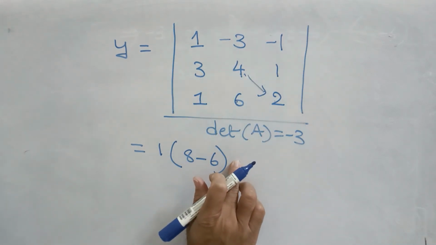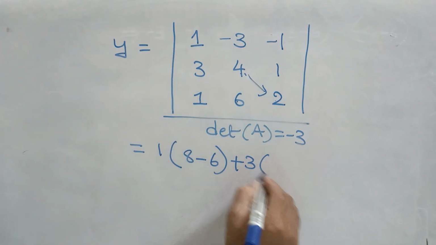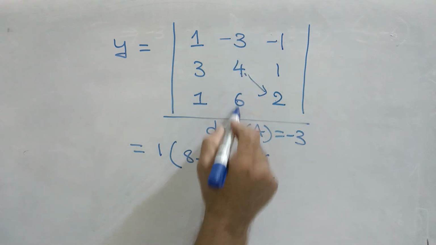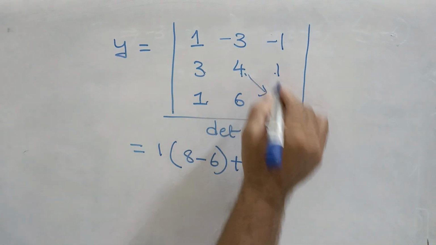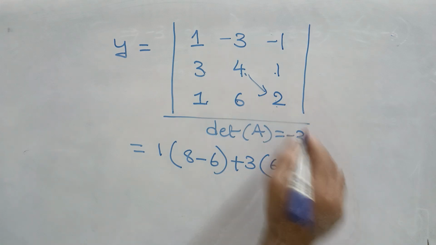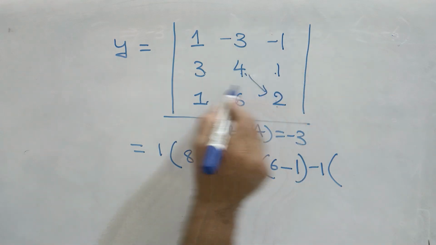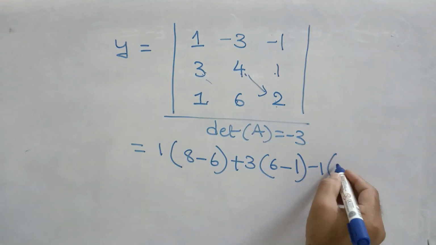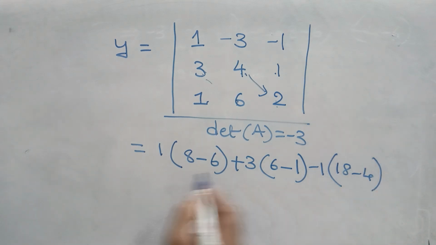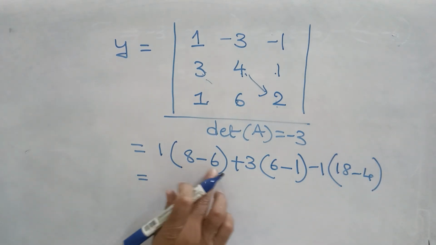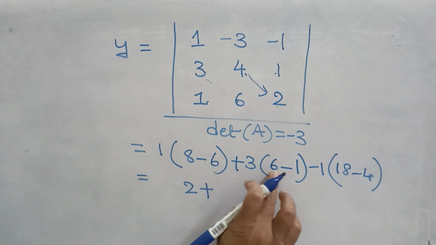Minus 3 according to formula, minus into minus plus, therefore plus 3 you will get here. Remove that row and column, then your elements are 3 into 2 is 6 minus 1 into 1 is 1. It is minus 1 into, take that row and column, the elements are 3 into 6 is 18 minus 4 into 1 is 4. Very simple. This is equal to 8 minus 6, how much? 2. 2 into 1 is 2 plus 6 minus 1 is 5.